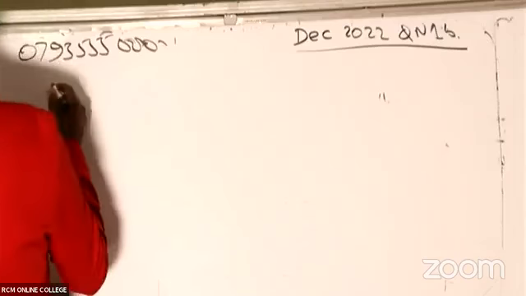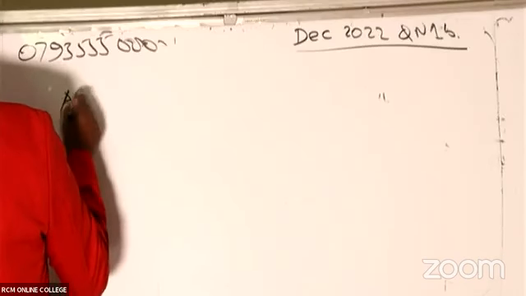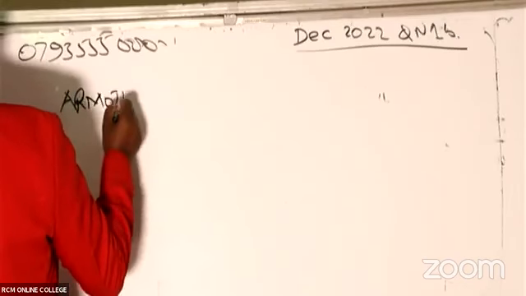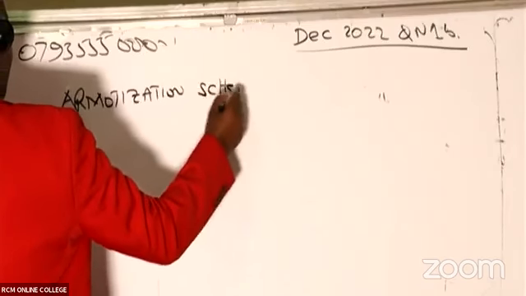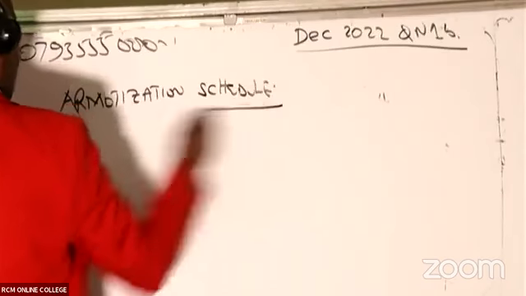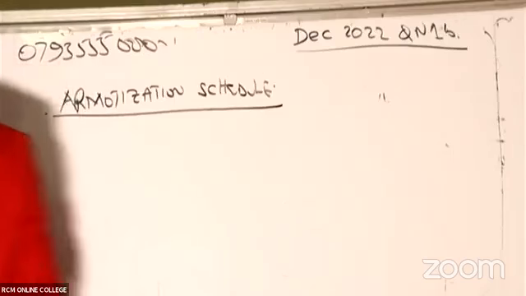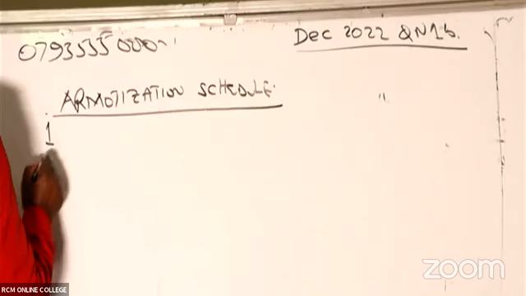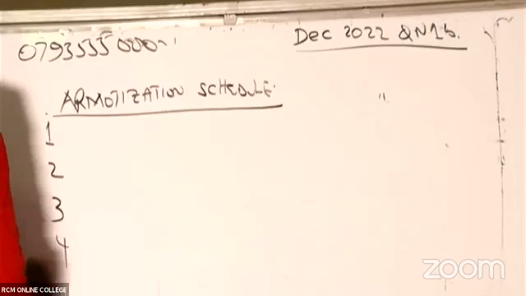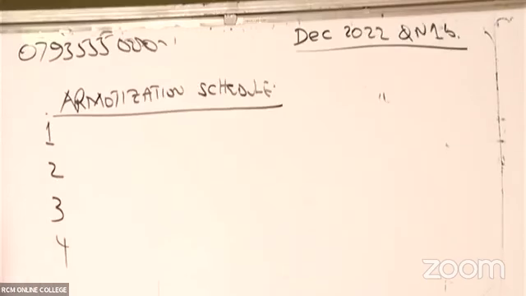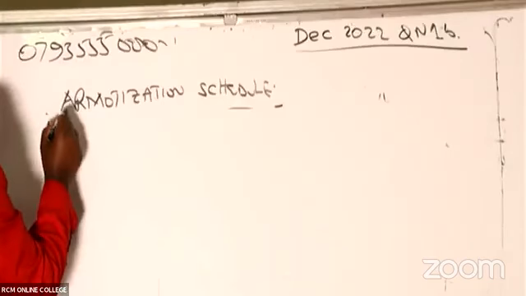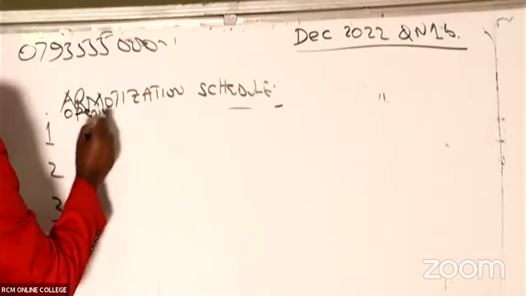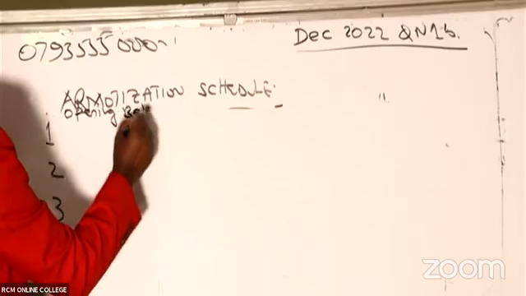So we have here amortization. We have year number 1, 2, 3, 4. We have the opening balance.